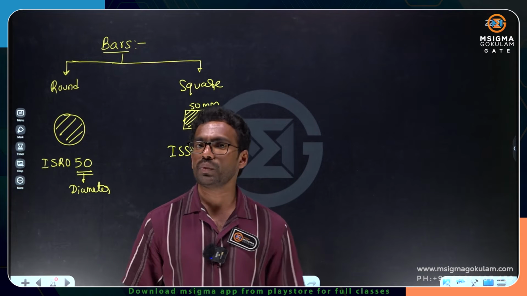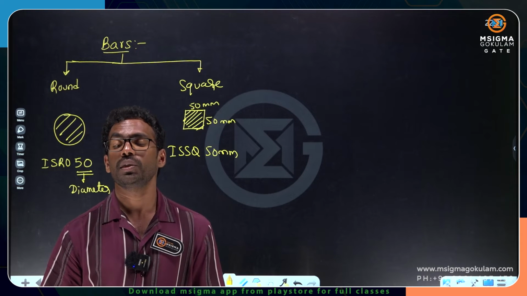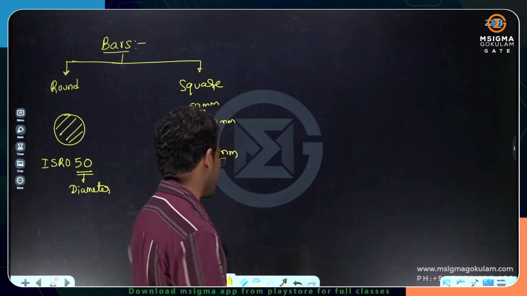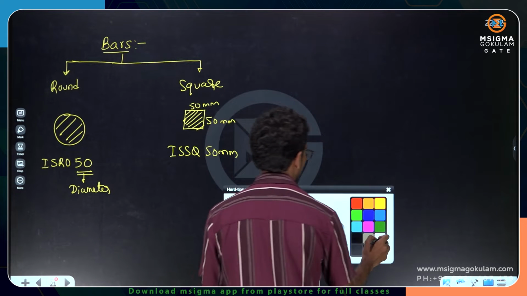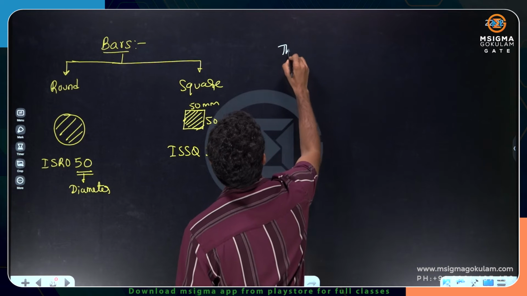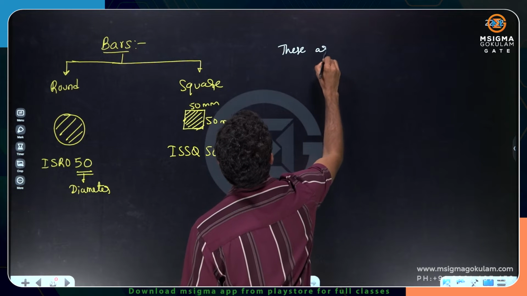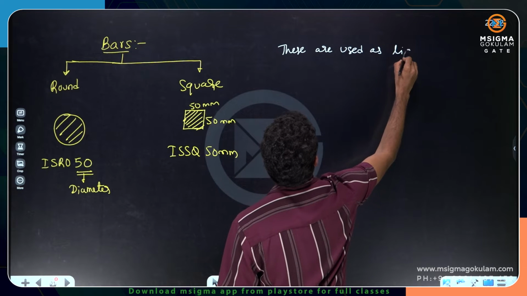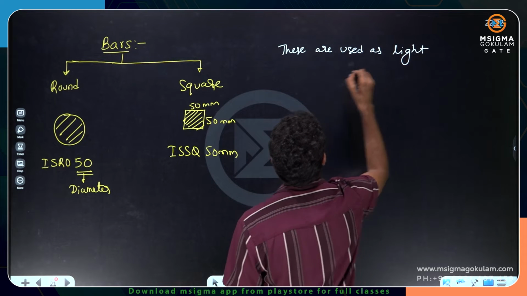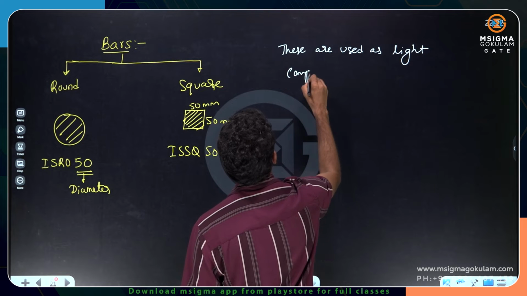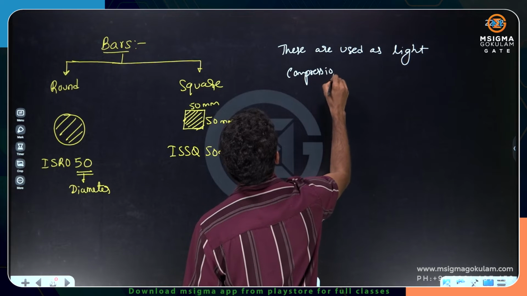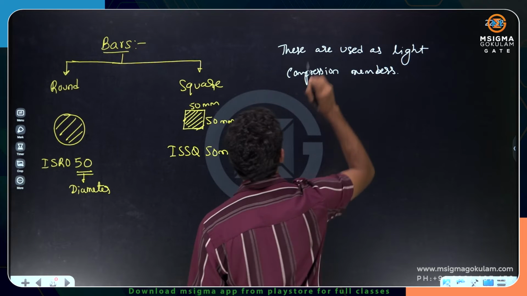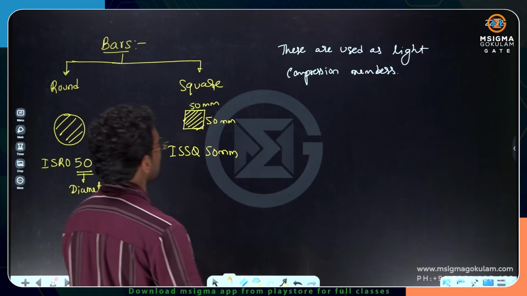Now where are we going to use these bars? Bars are essentially used as light compression members. Please try to understand this.